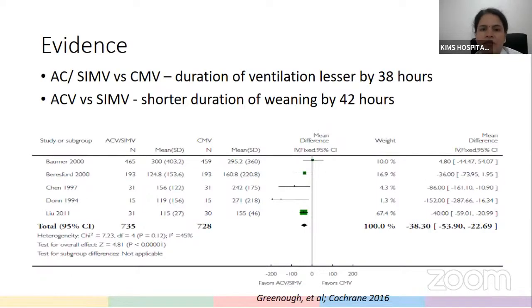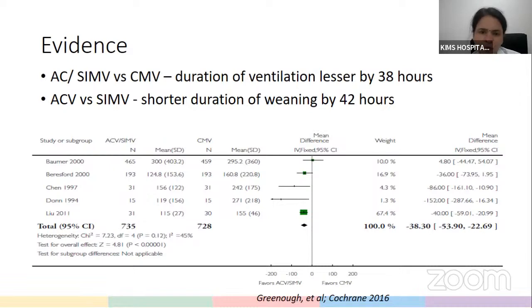So what does evidence say? We have so many modes of ventilation now. Is it actually proven that these patient-triggered modes of ventilation are better than the CMV mode of ventilation? So when we look at the forest plot of the Cochrane review, the significant difference that we can see is not in terms of hard outcomes like mortality or air leaks or bronchopulmonary dysplasia, but when we compare the assist control and SIMV modes together versus CMV, we definitely see that the duration of ventilation is lesser with patient-triggered modes of ventilation, because you tend to give the baby more and more control over the trigger, the rates, as well as the I time.